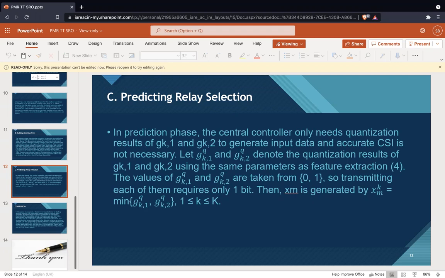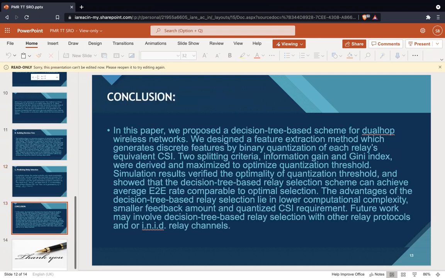The values of g power Q base k,1 and g power Q base k,2 are taken from 0 or 1, so transmitting each of them requires only 1 bit. Then xm is generated by x power k base m equal to min of g power Q base k,1 and g power Q base k,2, for 1 less than or equal to k less than or equal to K.